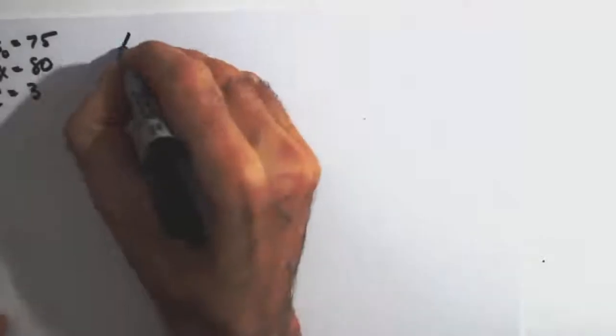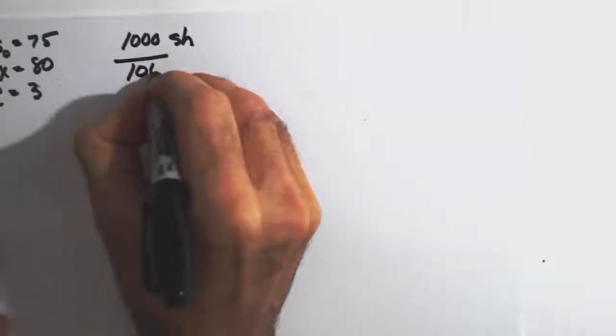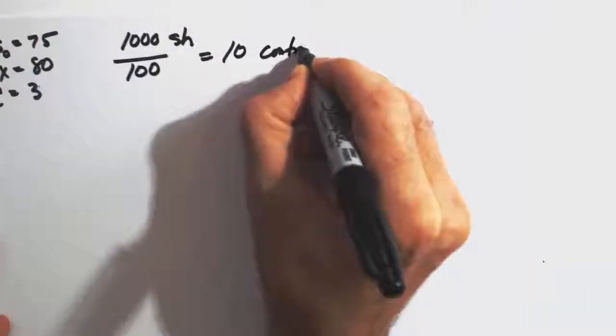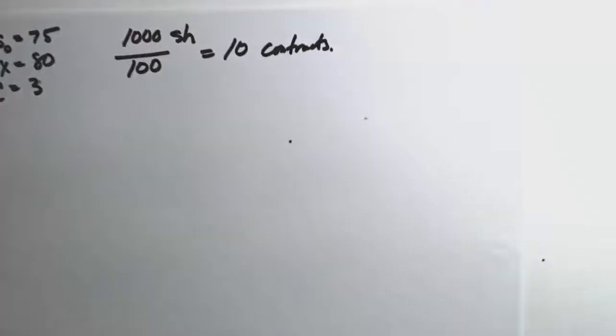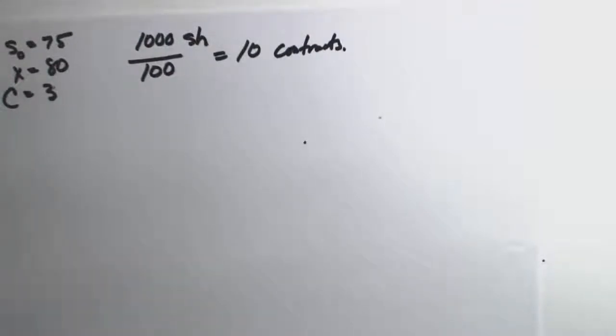Now remember, a contract controls 100 shares. So you have 1,000 shares of stock, each contract controls 100 shares, and so you're going to need 10 contracts for this strategy to work as a covered call. That's just information you want to keep in your back pocket for now.